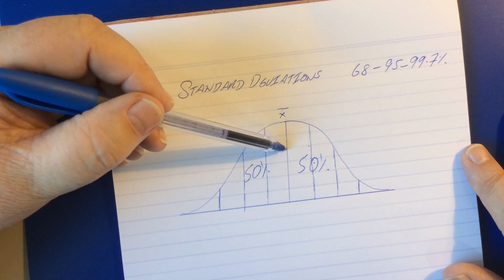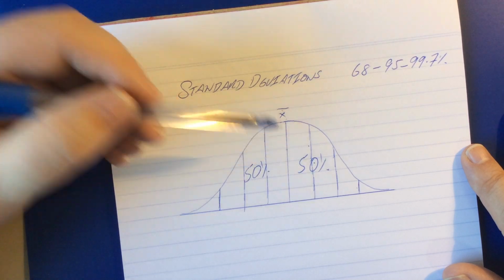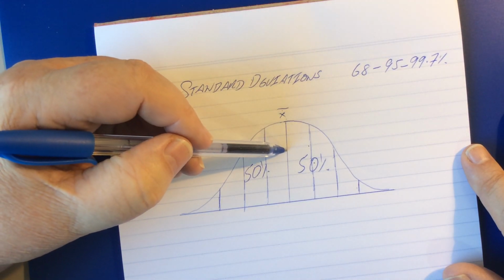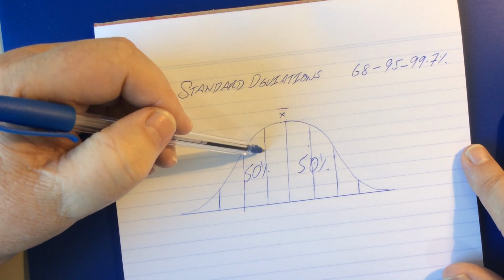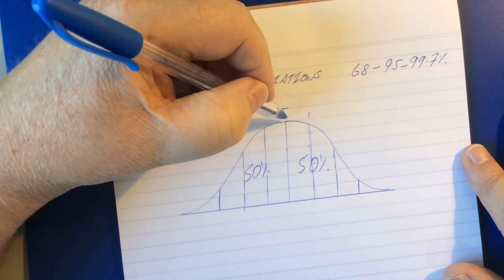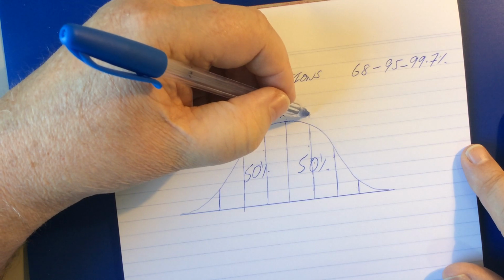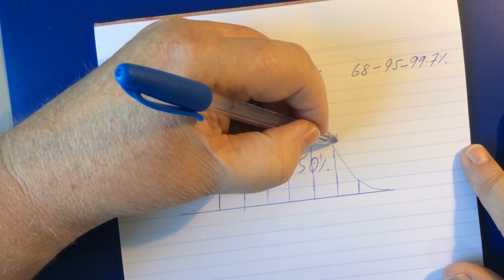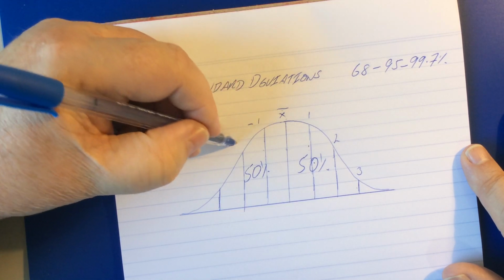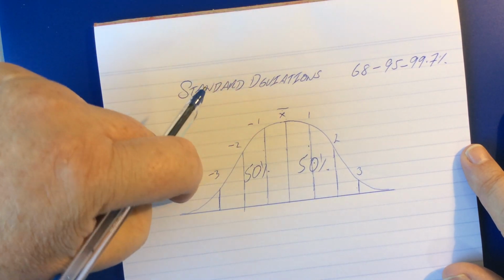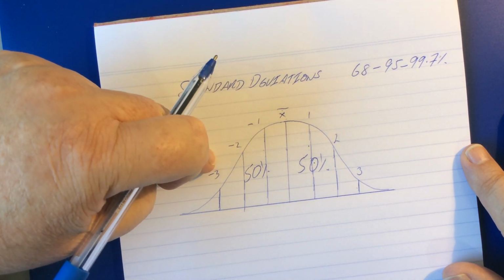A standard deviation is a measure that's calculated of a distance from the mean, either positive or negative. So this is 1 standard deviation in a positive direction from the mean. This is 2 standard deviations. This is 3. This is -1, -2, and -3 standard deviations from the mean.